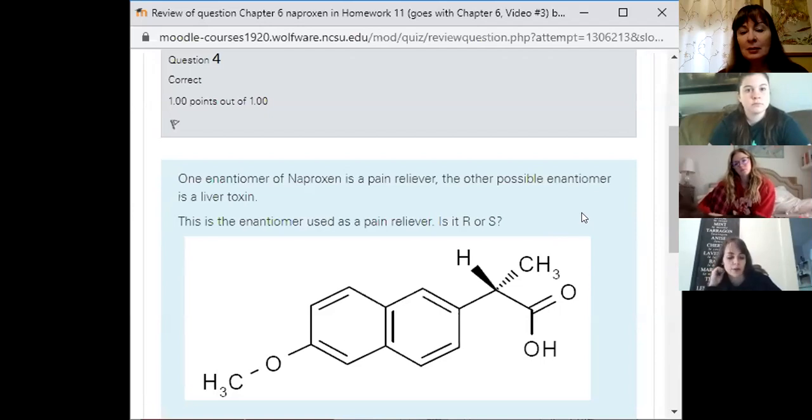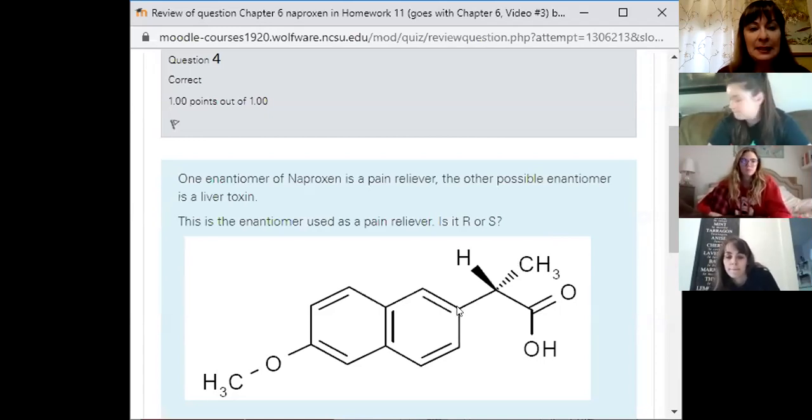Why would the CH be higher than the CH3? No, the one attached to the benzene. The one attached to the benzene is a carbon that is bonded to 2 other carbons, and one of those is a double bond. That counts as 1, 2, and 3 bonds to carbon.